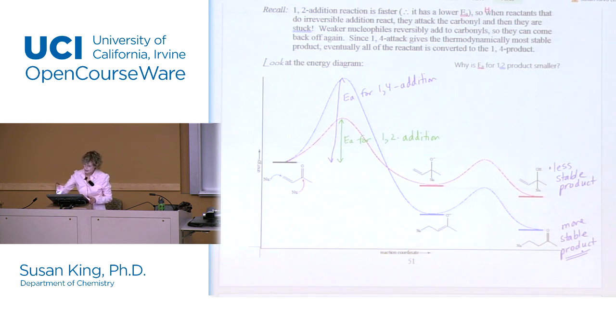So over here on the right-hand side, why is the energy of activation for the 1,2 product smaller? If we look at the hybrid for an alpha-beta unsaturated carbonyl, I'm going to leave all the extra groups off and just focus on the backbone here.